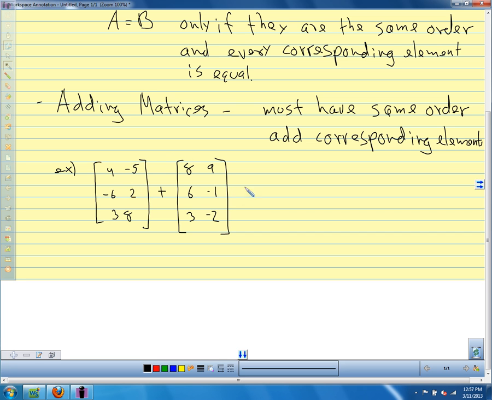We're just going to add the corresponding elements. 4 and 8 is 12, negative 5 and 9 is 4, negative 6 and 6 is 0, 2 and negative 1 is 1, 3 and 3 is 6, 8 and negative 2 is 6. So we just add the corresponding elements. That's a pretty easy idea. Adding matrices by hand is generally going to be way faster than even entering them into your calculator. So any questions on equal matrices and adding matrices?